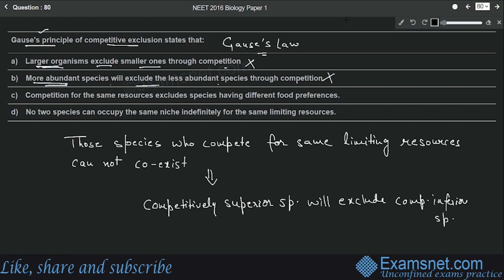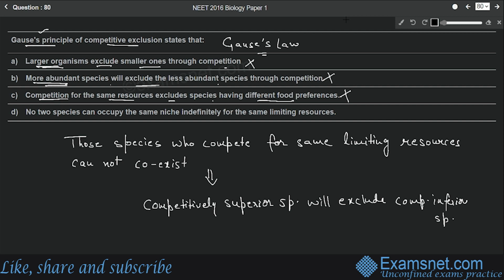This is also not correct, because this exclusion does not depend on the abundance or number of species. It depends on their competitiveness. Then the third one is competition for the same resources excludes the species having different food preferences. Food preferences have nothing to do with it, so this is also incorrect.